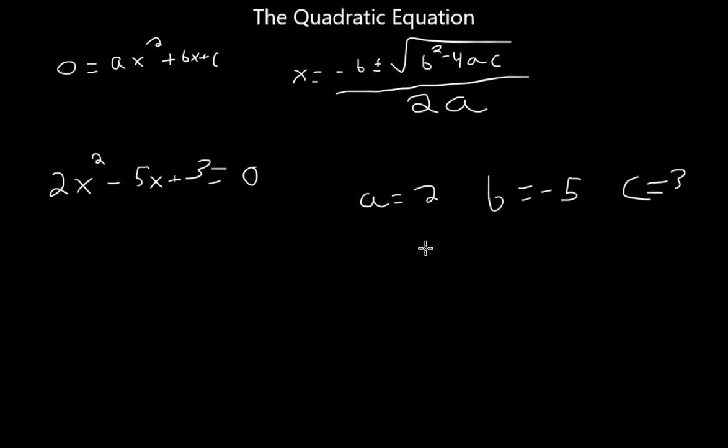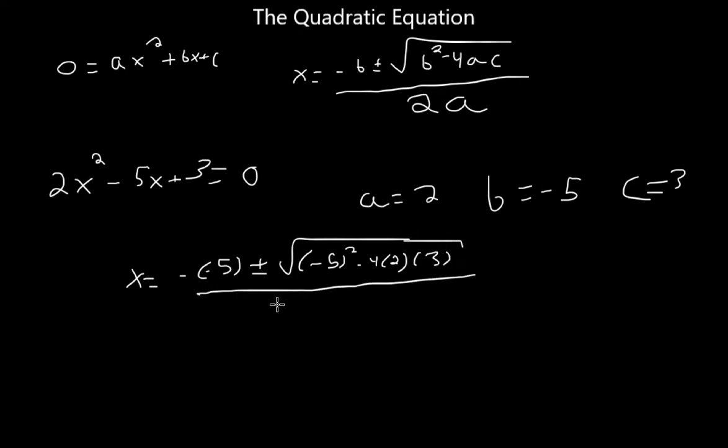If I put that into my quadratic equation, we would find that x is equal to negative negative 5 plus or minus the square root of negative 5 squared minus 4 times 2 times 3, all of that divided by 2 times 2. Let's simplify as we go left to right.